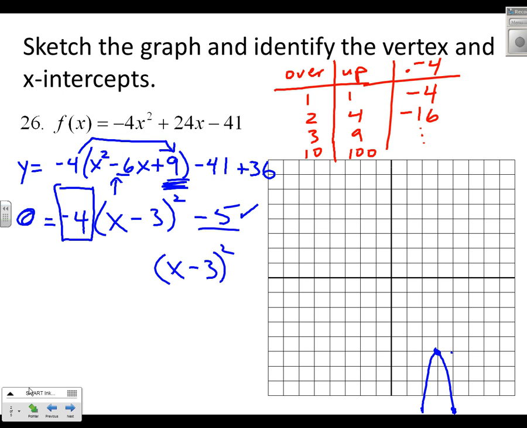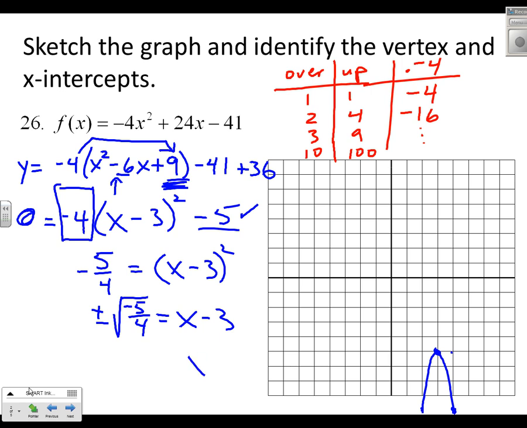My first step, I would add 5 across. I would divide by -4. I would take the square root, and hopefully at this point we would notice plus or minus the square root of -5/4. Hopefully at this point we would notice that we have no solutions.